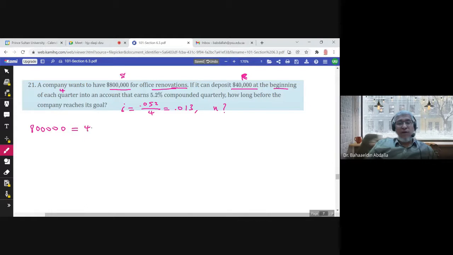So S, the future value, equals R times 1 plus I to the power n minus 1 over I times 1 plus I, annuity due. Now, how to solve this for n? Well, what shall I do? I will multiply 40,000 times 1.013 divided by 0.013.